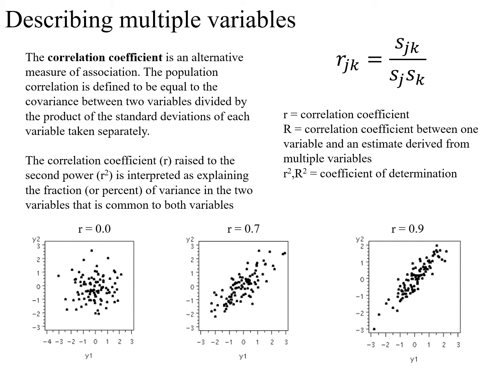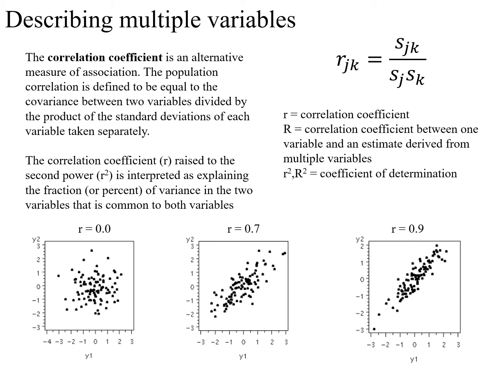Okay, so if there's a perfect positive relationship between variable j and variable k, then the covariance between the two is going to be equal to the product of their standard deviations. And so that correlation coefficient will be 1.